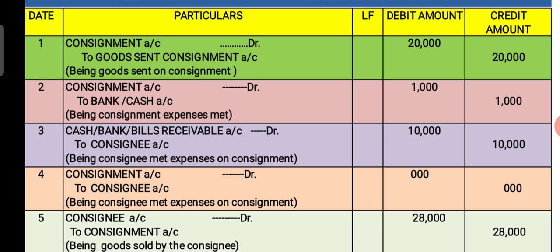So bills receivable account debit to consignee account. In brackets you write the consignee name. Who is the consignee? Anant of Ahmedabad. Rupees 10,000. Narration: being bills received from the consignee as advance.